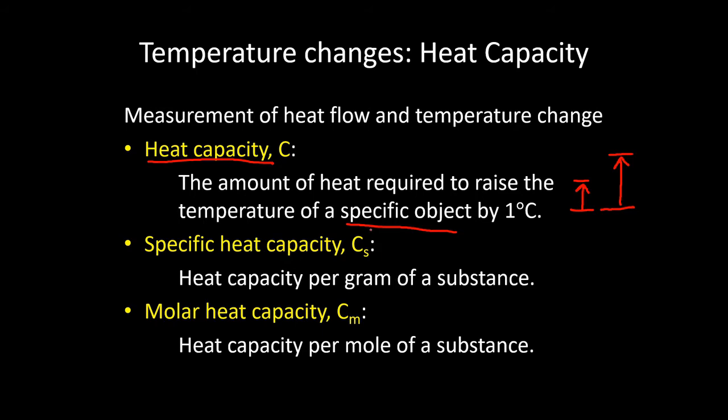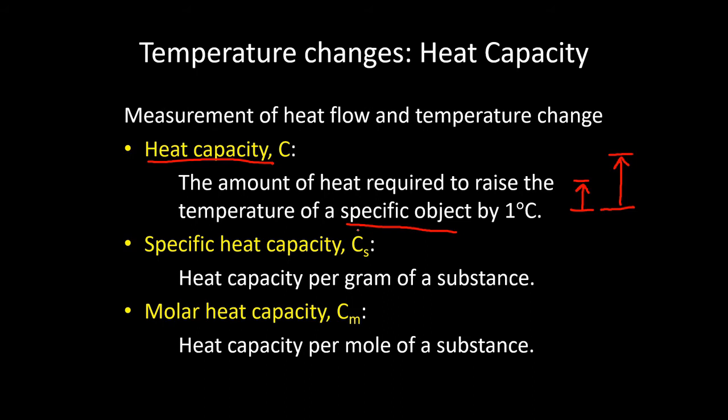So if you had a beaker that you were using for a reaction, you could define the heat capacity for that beaker, which might be useful if that's the only beaker you're ever going to use, but chances are you're going to be using a lot of other stuff, and so you would have to define a heat capacity for every single individual thing that you ever used, which is possible. You could do it, but man, it'd be a pain in the neck.